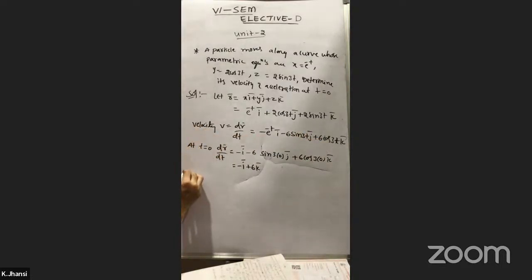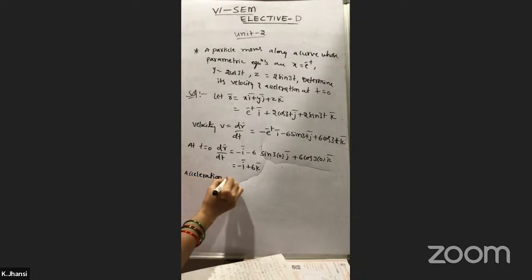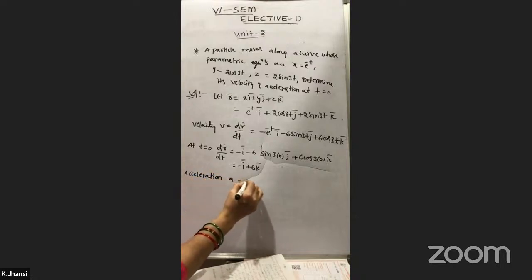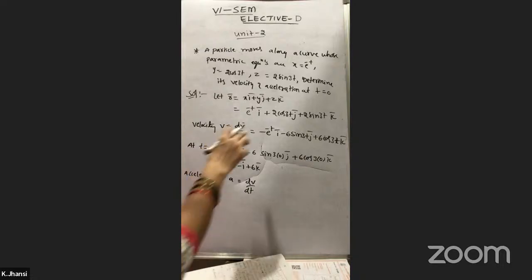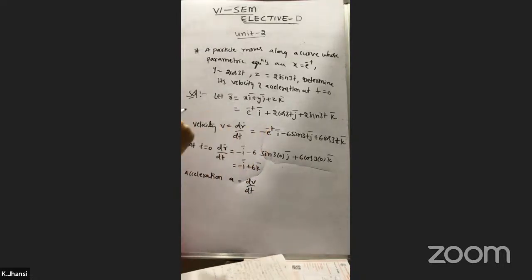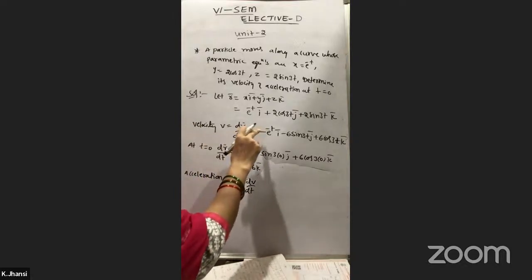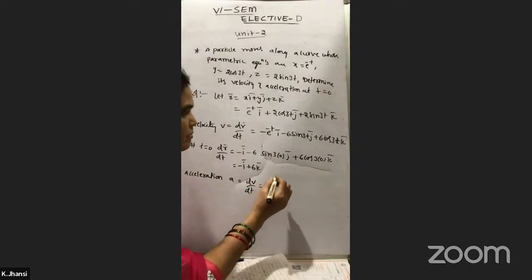Okay. Now acceleration a is equal to dv by dt. That means if you differentiate dr by dt, then we'll get the acceleration. The differentiation of e to the power of minus t is minus e to the power of minus t, so minus of minus becomes plus.